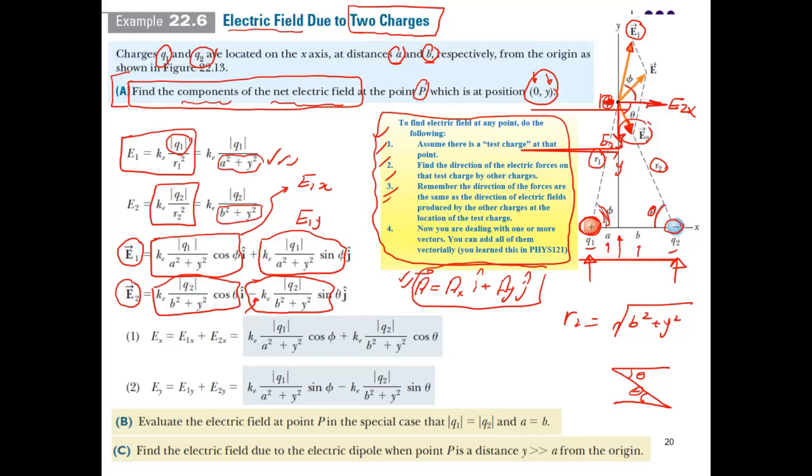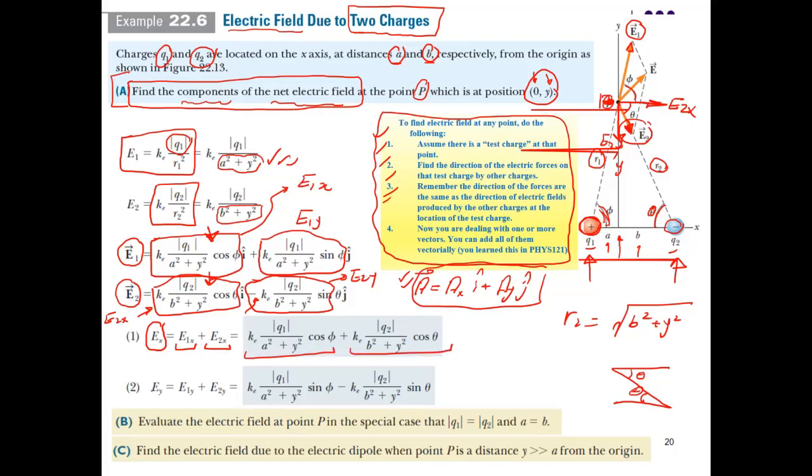So the next task is, what's total Ex? Simply E1x plus E2x, which means this term plus this term. And that's what we're going to do here.